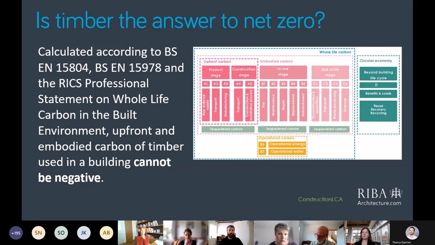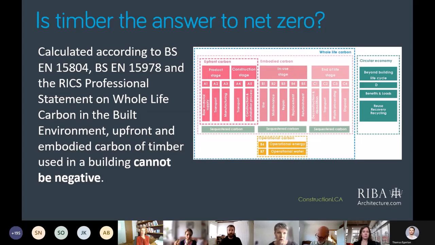And if you look at embodied carbon over the whole life cycle of the product, the sequestered carbon that's taken up into the product is either released or transferred here at the end of life. And so again, there is a balance. So for both of these, it's actually not possible to have a negative carbon result from using timber or biomass. You will always have an impact that's associated with it.